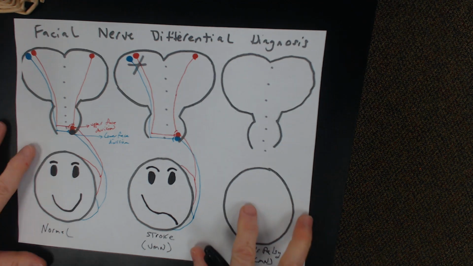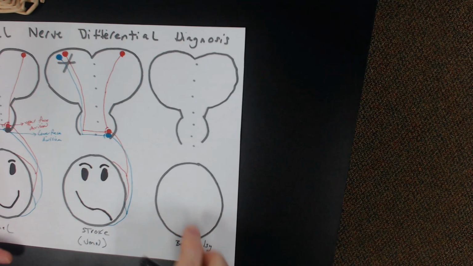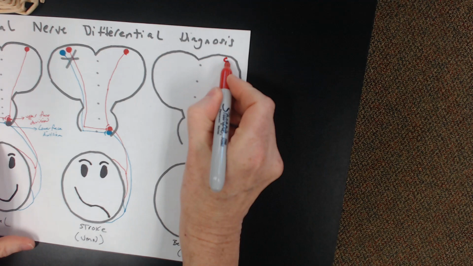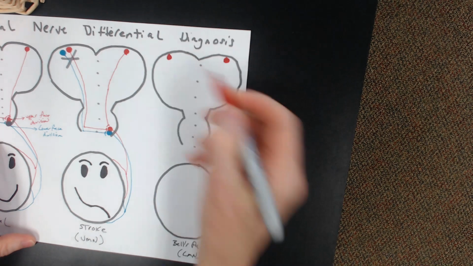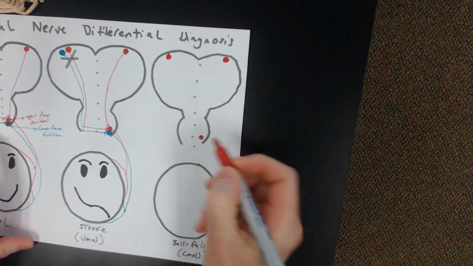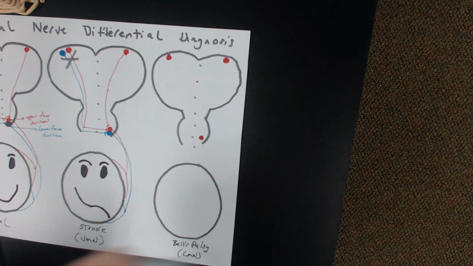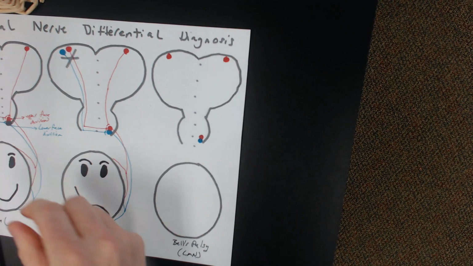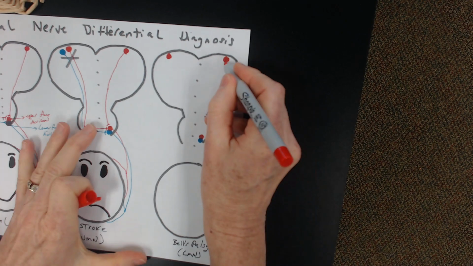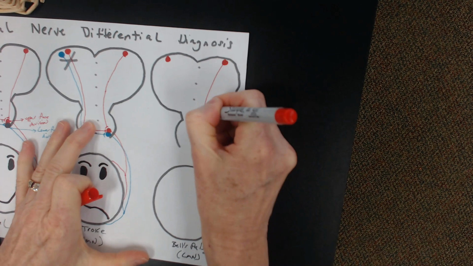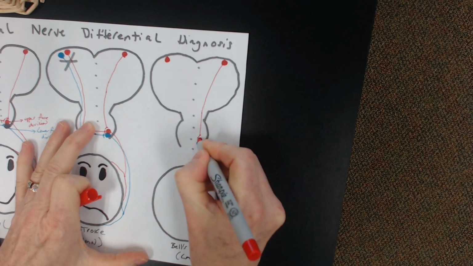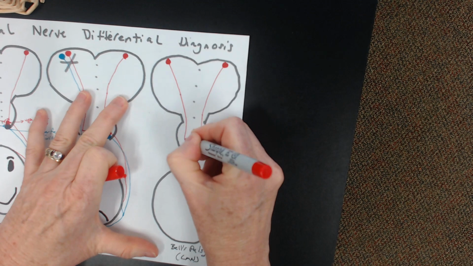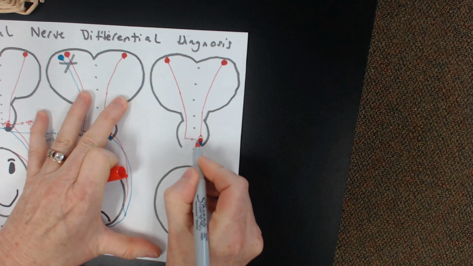Think about the Bell's palsy presentation. Okay, same setup. You have your upper motor neurons for the upper face division present bilaterally. You have your upper face division cranial nerve nuclei here and here. So the upper motor neuron axon comes out, synapses on the upper face division. Also happens contralaterally, comes on down, decussates at the level of the cranial nerve nucleus.